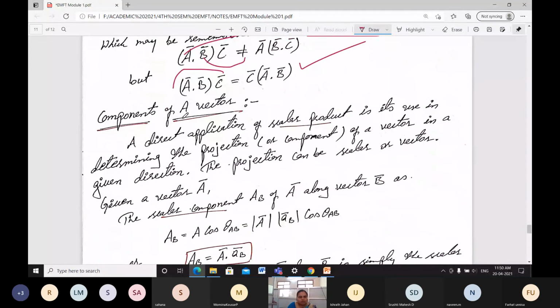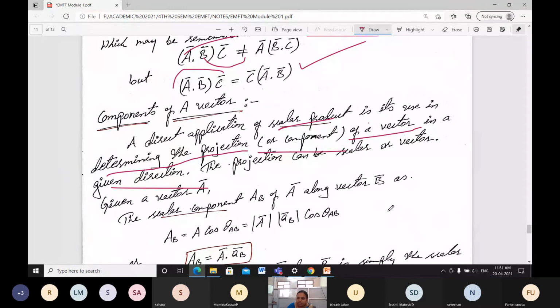Next, the component of a vector. A direct application of the scalar product is in determining the projection, or component, of a vector in a given direction.